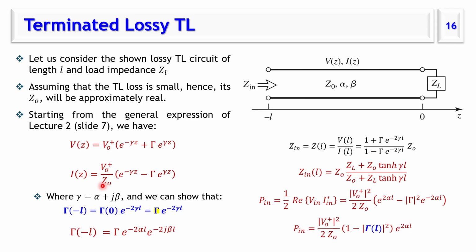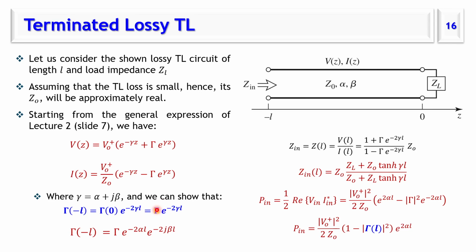We did this explanation in the first lecture on transmission lines, so that's why we have a negative sign here for the current. We know that gamma equals alpha plus j beta.